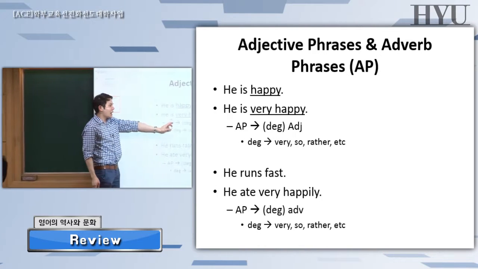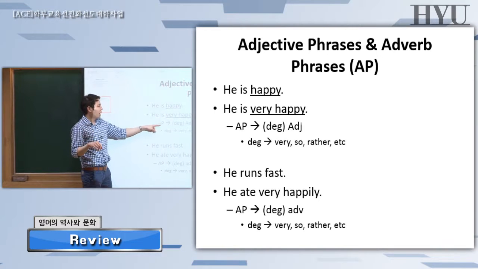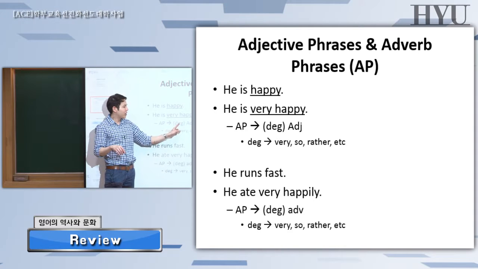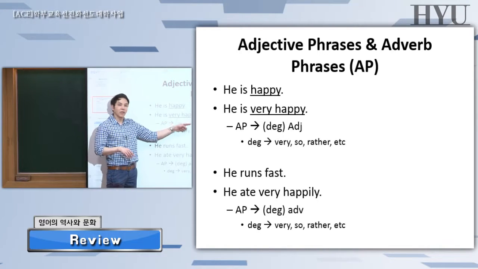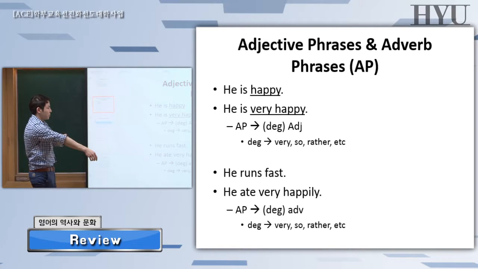So it seems that the underlying structure of an adjective phrase is like this: degree and adjective. And I have the degree word here in the parentheses because it's optional. It's not required. Okay? But you need an adjective. You need a head, right? Because without a head, then it's not a phrase.